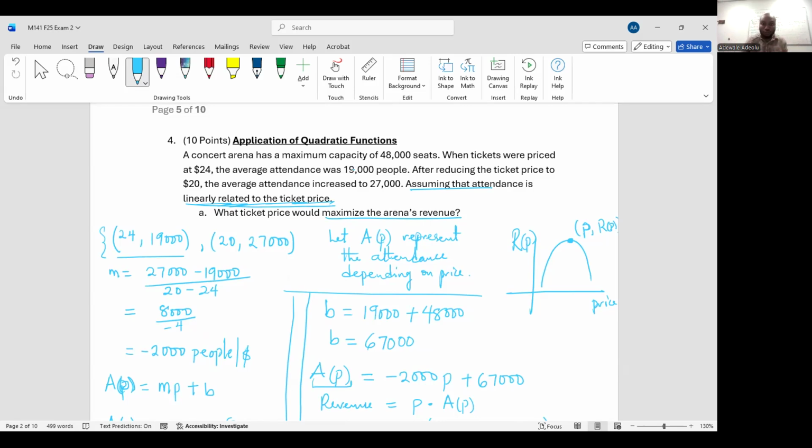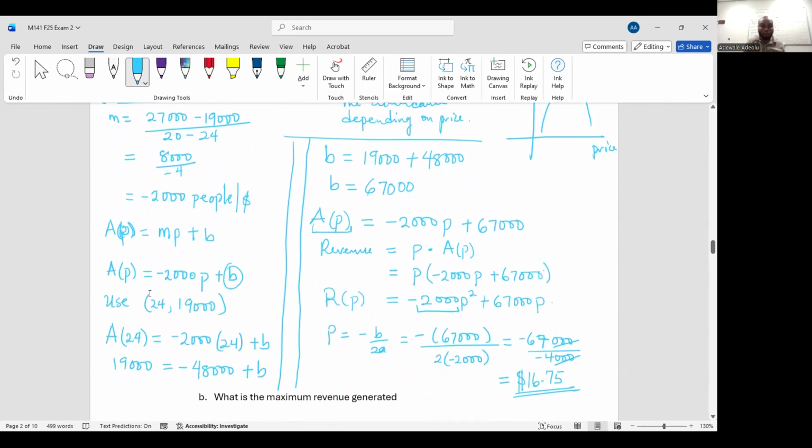Someone might ask you, what if the price is $32? What if the price is $50? So we say, okay, let us model that. We assume that the attendance is linearly related to the price. So now we try to figure that equation out, which is a linear equation.